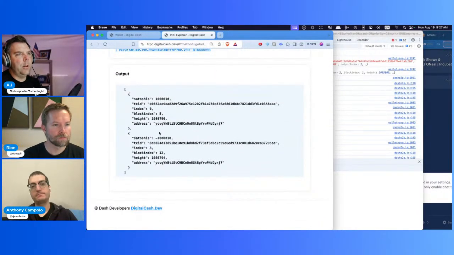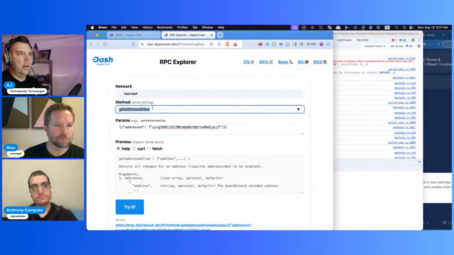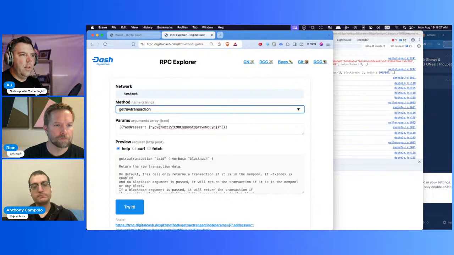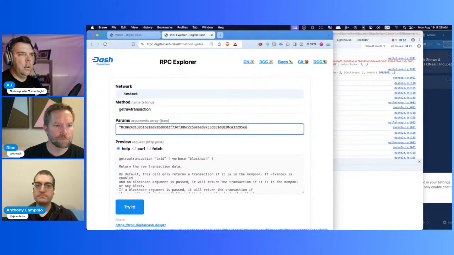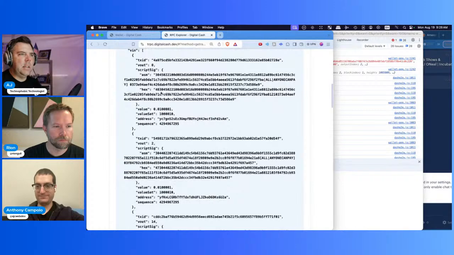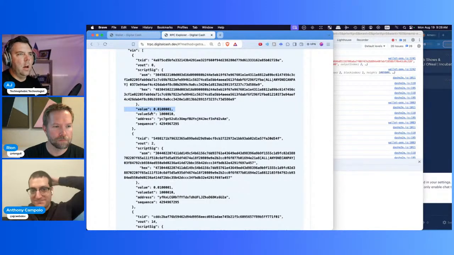And you can see exactly what you'd expect: one coin that was received and one coin that was spent. And this spend right here, if we were to do get raw transaction and put in our transaction ID and true that we want it back decoded, then we can take a look at these and see that this is a CoinJoin transaction.